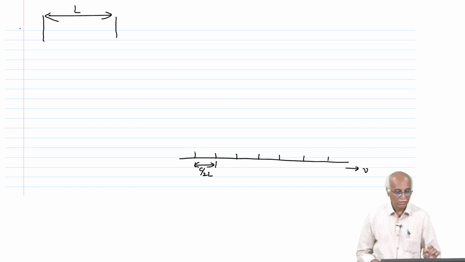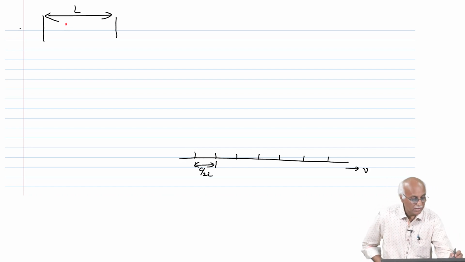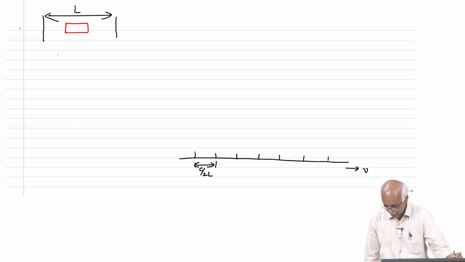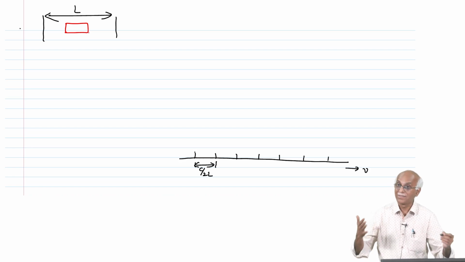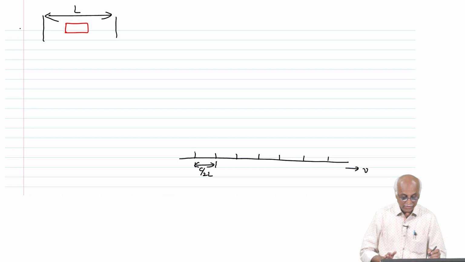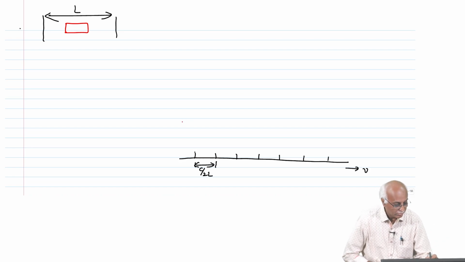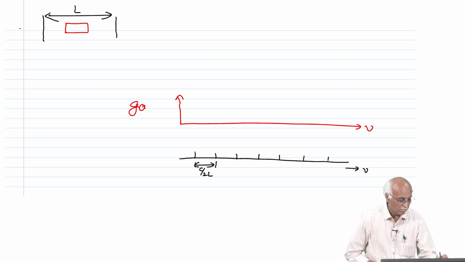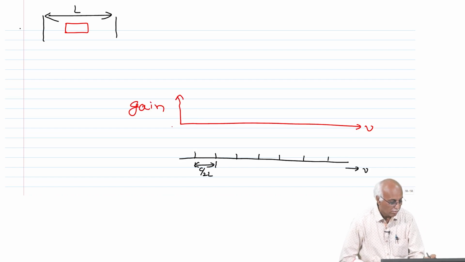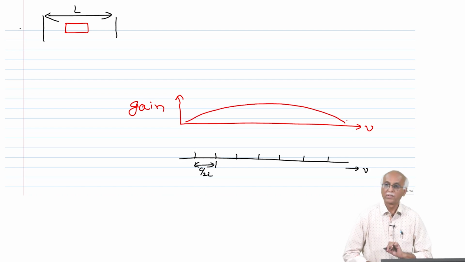Okay. Now, this is a medium which has a gain. Now, that gain, something like this, let us assume.